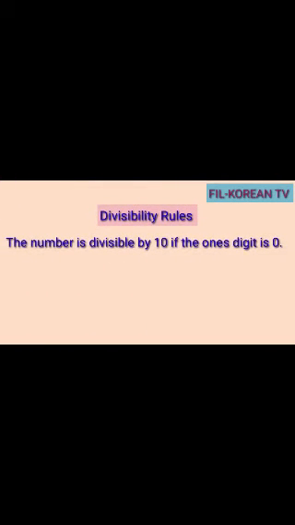Next, the number is divisible by 10 if the ones digit is 0. Ibig sabihin, kapag ang number ay nagtatapos sa 0, pwedeng ma-divide sa 10. Examples, 80, 90, 100, 120, and 130. Lahat ng numbers nagtatapos sa 0, kaya lahat sila pwedeng ma-divide sa 10, eksakto yung answer o walang remainder.